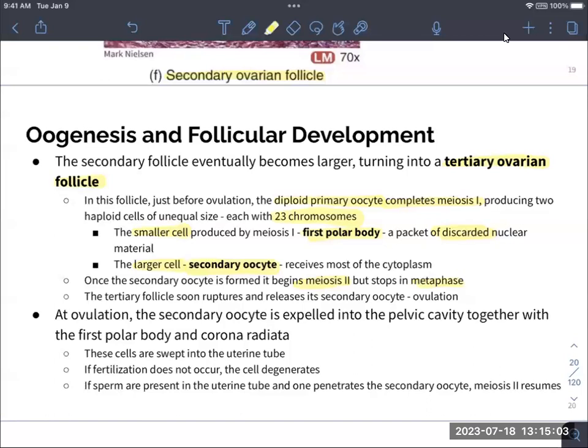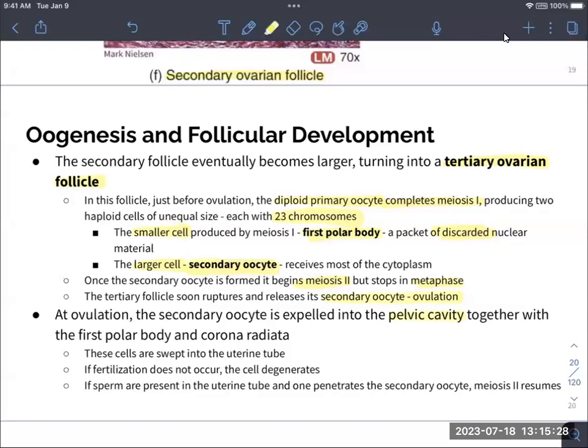We have this tertiary follicle. It's going to get released. It's going to rupture the wall of that ovary where it is, releasing that secondary oocyte outside of that ovary, which is known as ovulation. When it gets expelled, it gets expelled into the pelvic cavity.